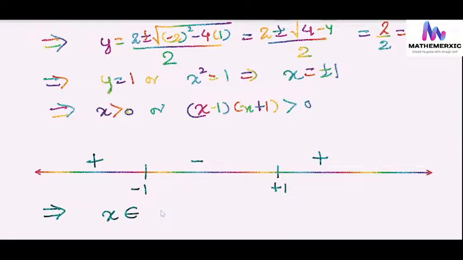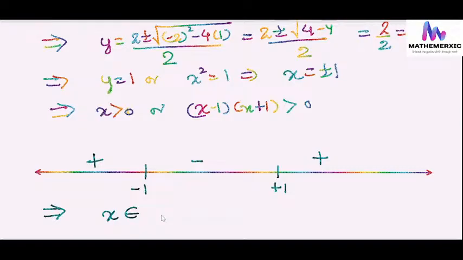So the union of these two will be there. So it means that it is greater than 0 we are working on, and not a negative value, we don't require them.